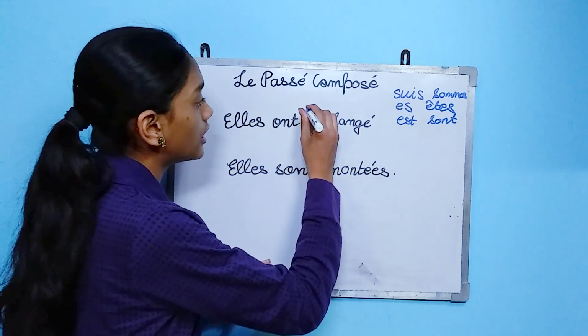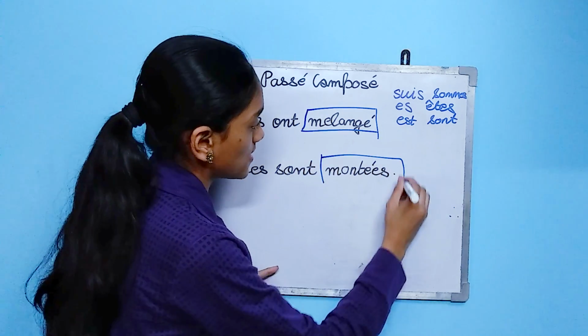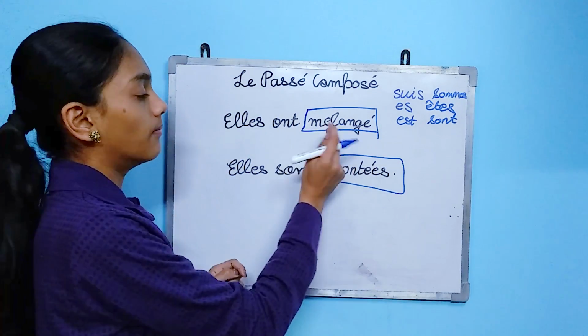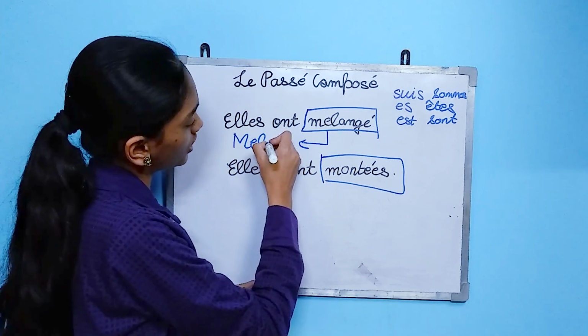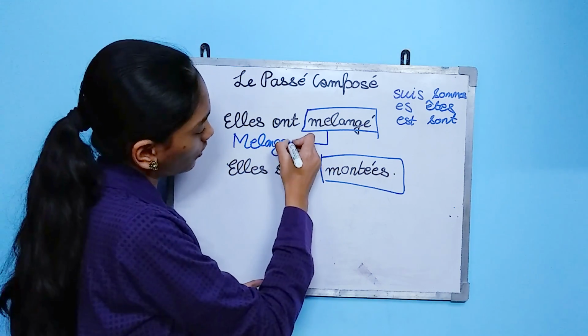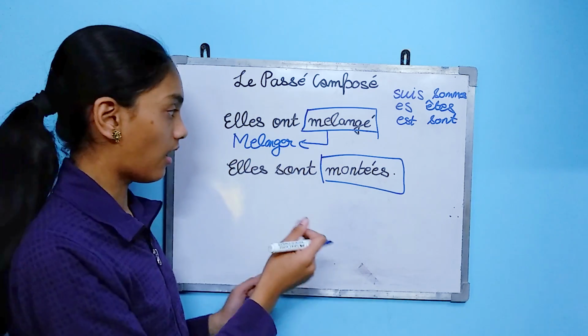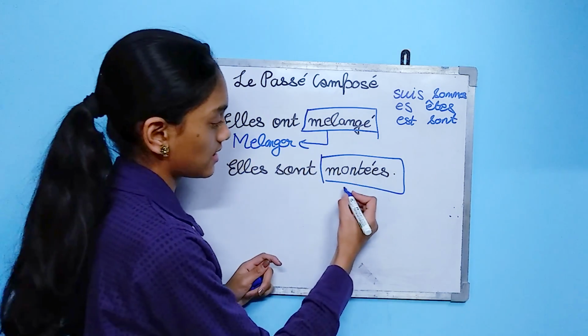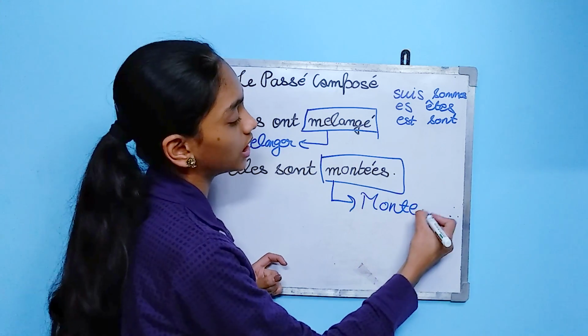Now let's just individually observe the past participles. So mélanger, the infinitive form, without conjugation, it's mélanger, M-E-L-A-N-G-E-R, and this is monter, M-O-N-T-E-R.